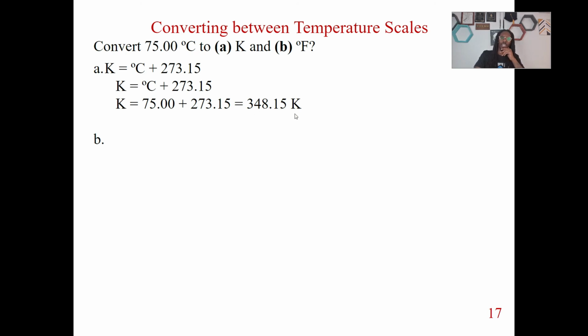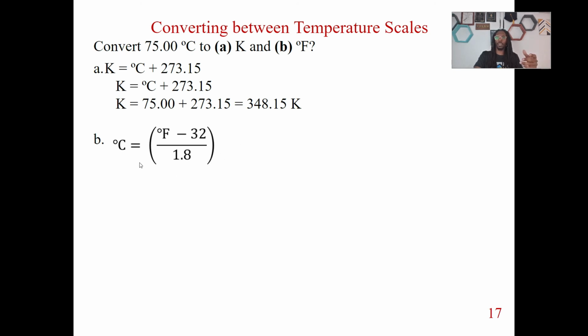Now I also need to figure out what the Fahrenheit is for part B. So 75 degrees Celsius, that's what we have here. We just converted to Kelvin. What can we do here, Dr. J? We've got to do some rearrangement. So far I gave you the other way, if you're solving for Fahrenheit.